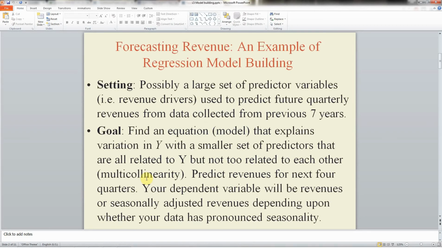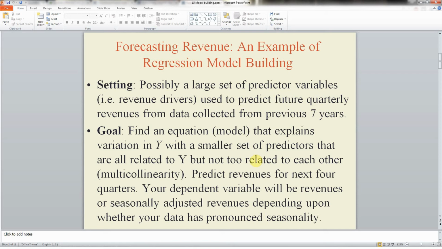So the situation is that we have a potentially large set of predictor variables to predict revenue from past 7 years of revenue data. What we want to do is find a model that explains that revenue with a small set of predictors, rather than looking at all of them at once. We want to pare them down to a best set. There's a good reason for this.